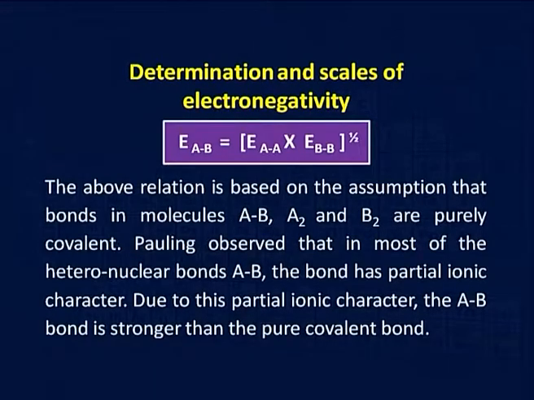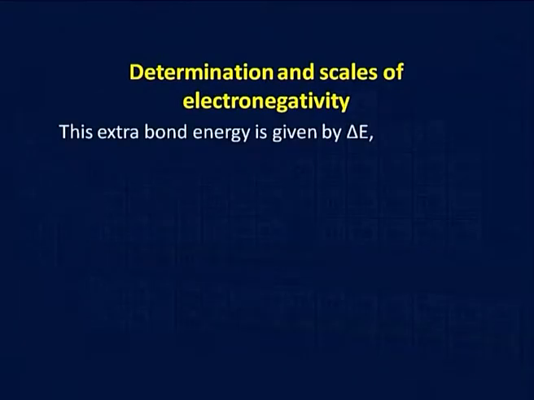Earlier we were considering a purely covalent bond, but he observed that if the molecule is heteronuclear, that is of AB type, then the bond has partial ionic character, and due to this, the AB bond is stronger than the pure covalent bond, because due to electrostatic forces of attraction, the bond becomes stronger than the purely covalent bond, and this extra bond energy is shown by delta E.